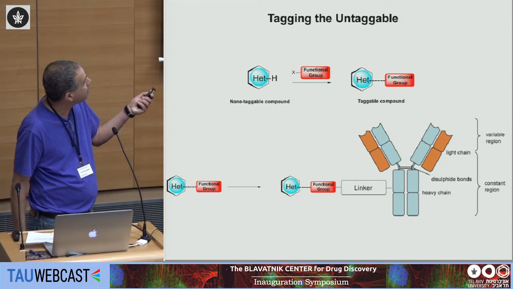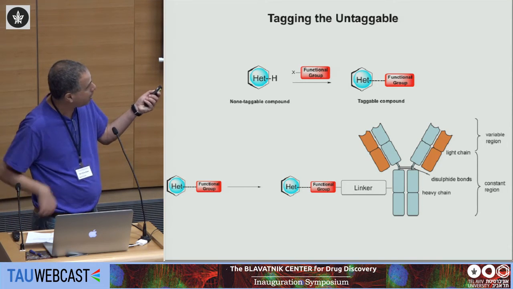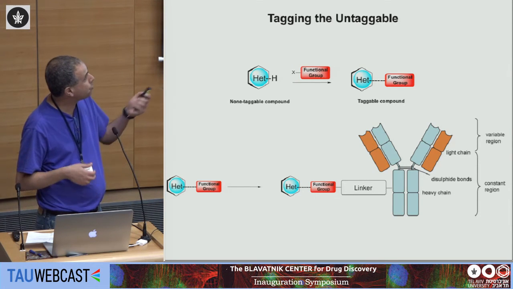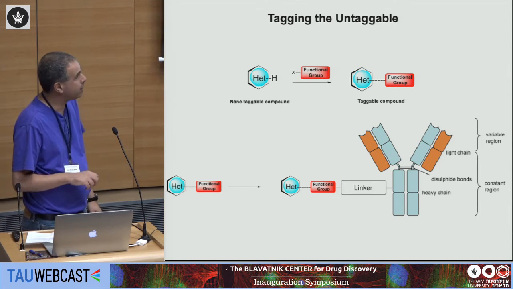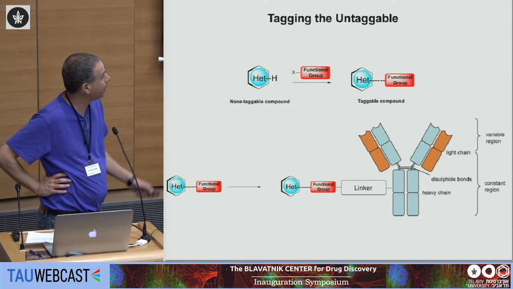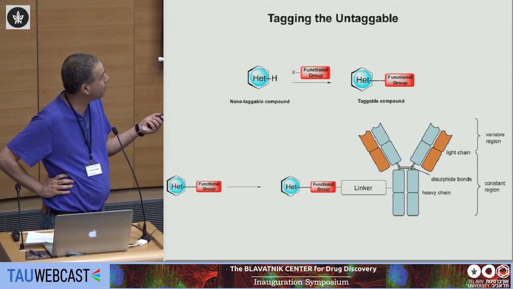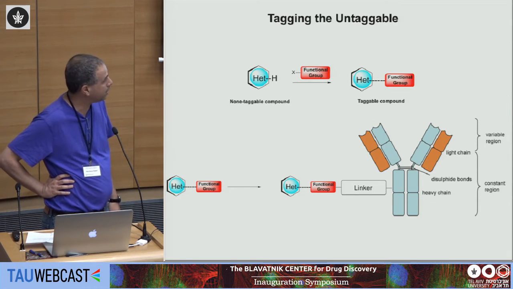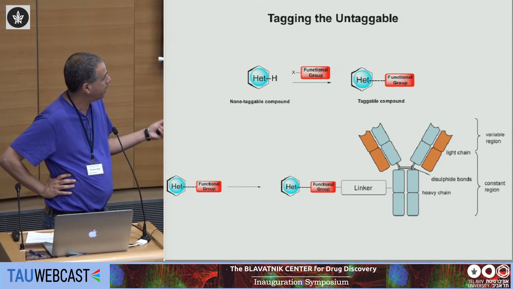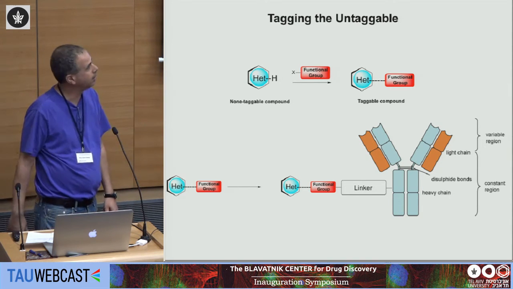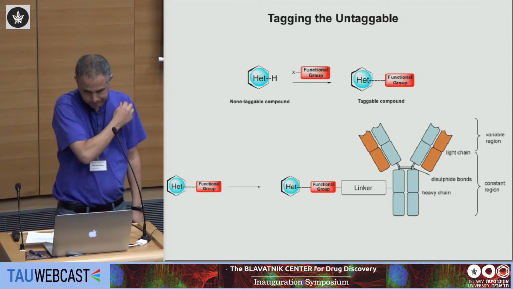How about we develop a general chemistry that will introduce a functional group on your small bioactive molecule? If you have the functional group on it, then it's no problem to connect your targeting carrier and the drug through certain known controlled-release linkers.